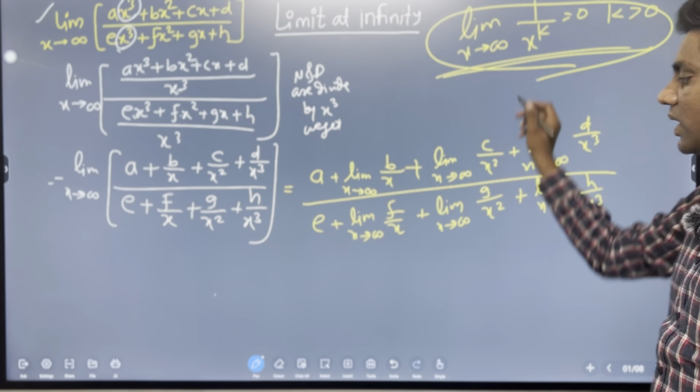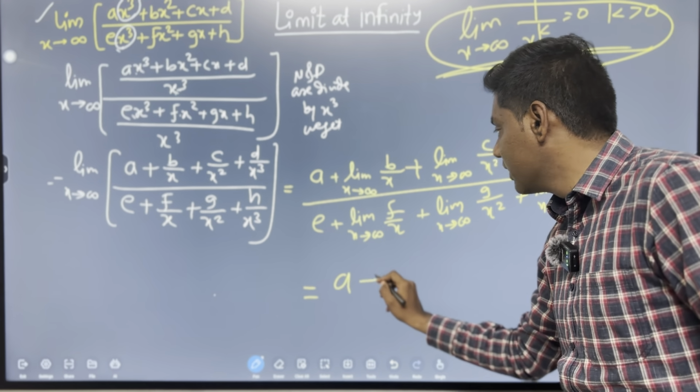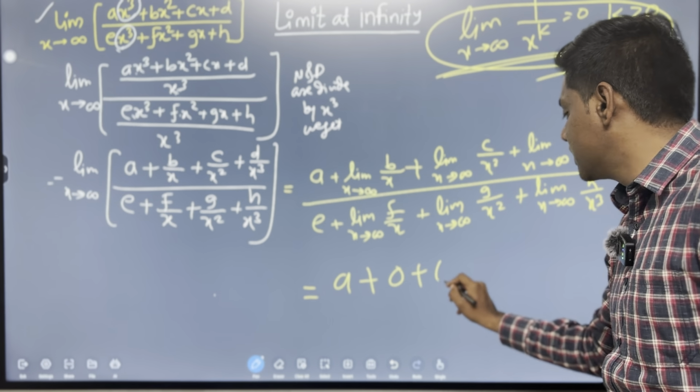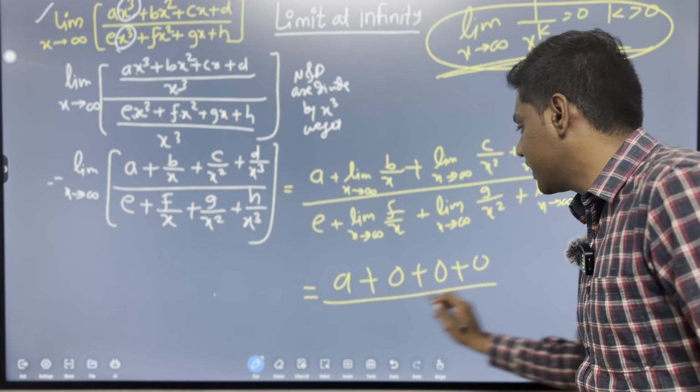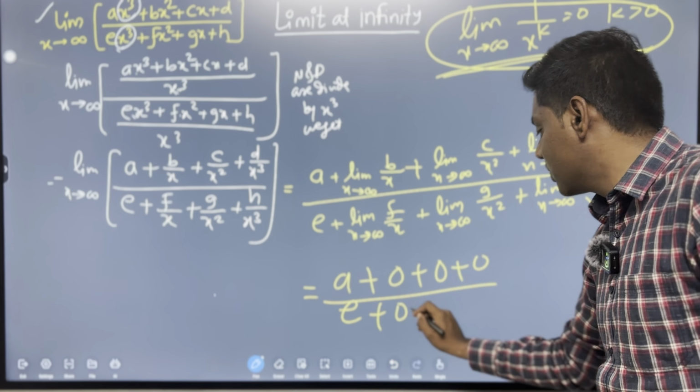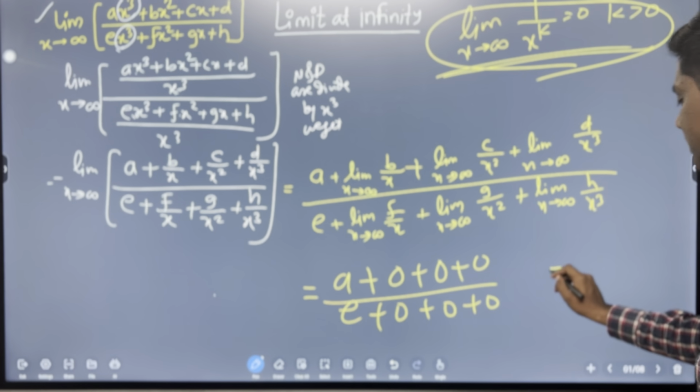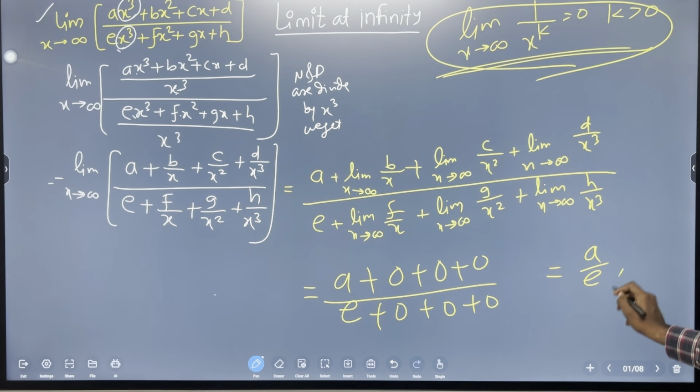So we get a plus 0 plus 0 plus 0, divided by e plus 0 plus 0 plus 0, equal to a divided by e.